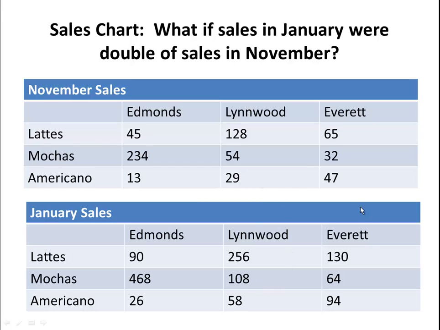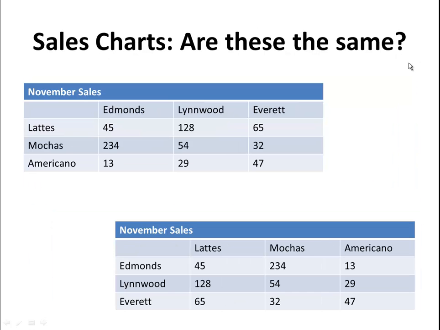I'm doubling each of these numbers and putting them in the appropriate spot. And so it makes sense for our charts. Notation-wise, we would just say 2S, where S would be the name of my chart, my matrix, sales, and then I would multiply that by 2. That's how we'd indicate that.